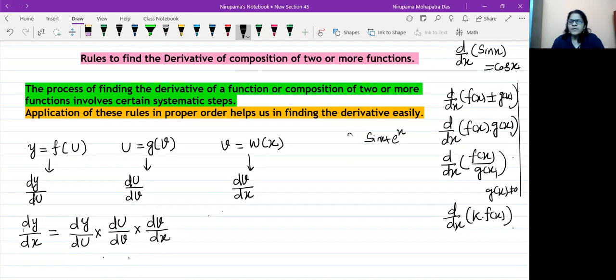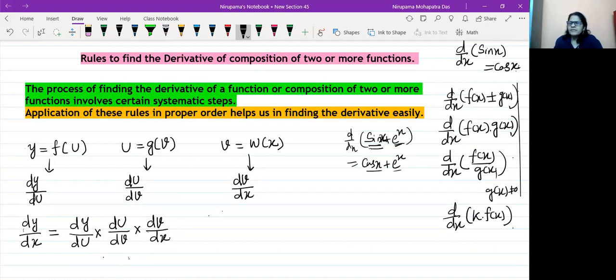So d by dx of sin x plus e to the power x is the derivative of sin x, which is cos x, plus the derivative of e to the power x, which is e to the power x. So the derivative of a sum of two functions equals the sum of their derivatives.